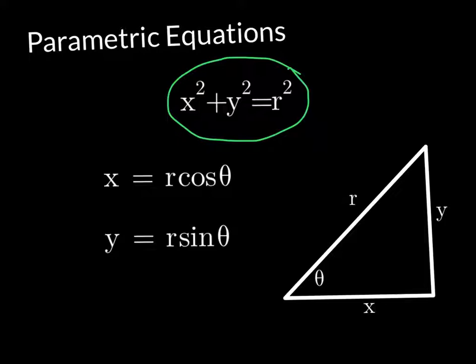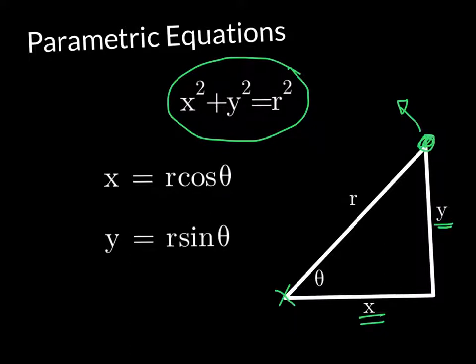So this equation is basically for any point, let's say here, on a circle. So this would be the circle going around here, about this point, which would be the centre of the circle. Then we essentially have an x coordinate and a y coordinate for that point here.